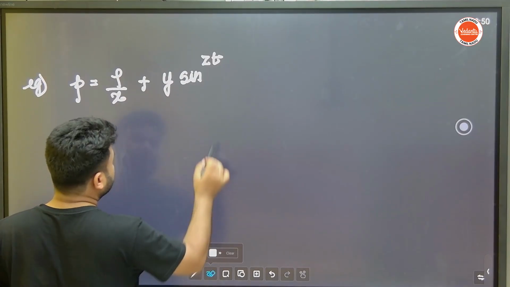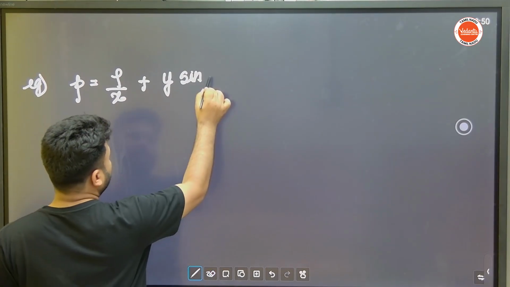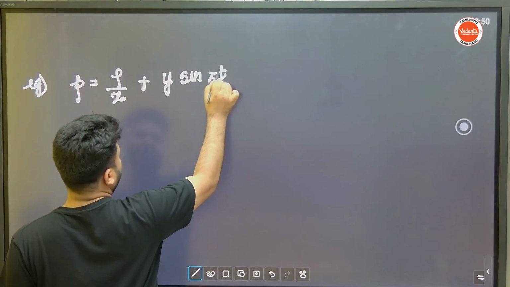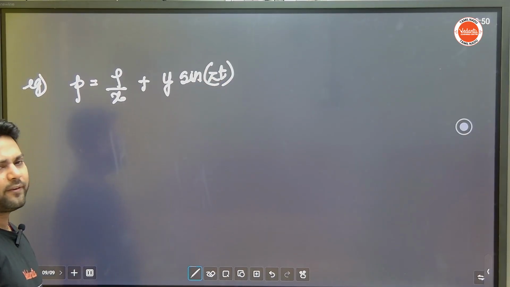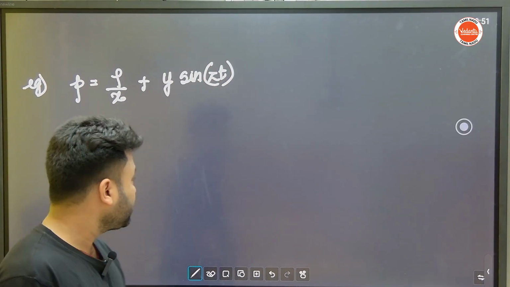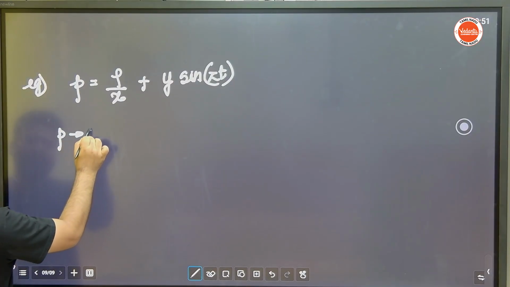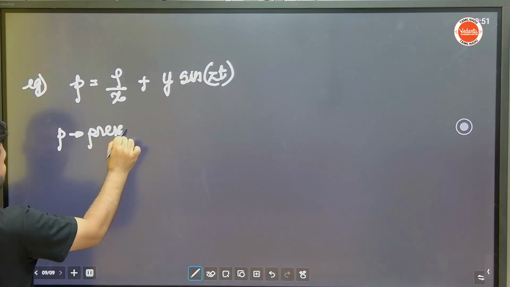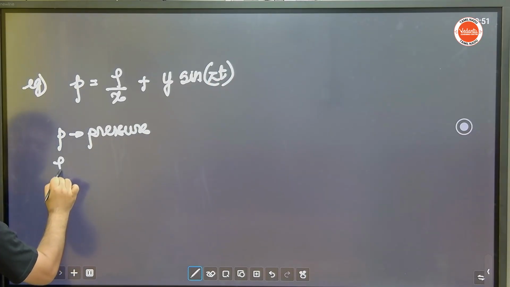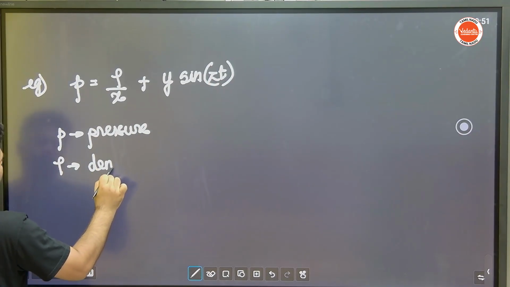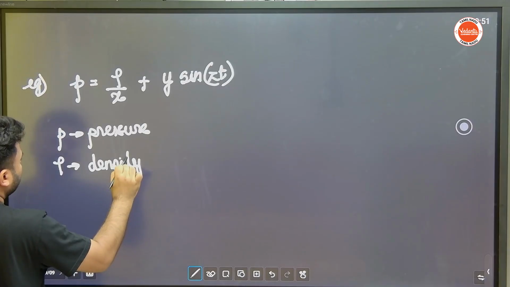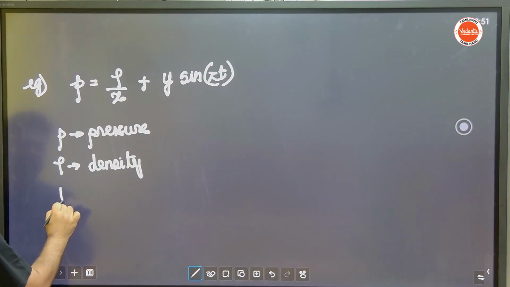Or sine of zt. This they have given. They have told that P is pressure, rho is density, T is time.